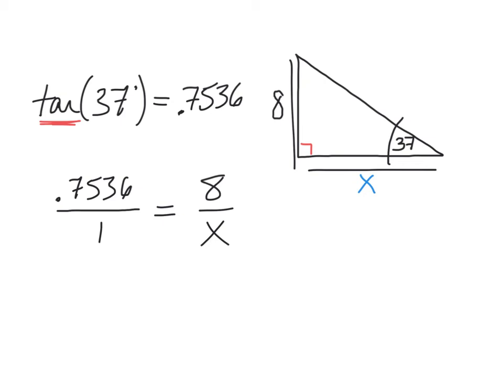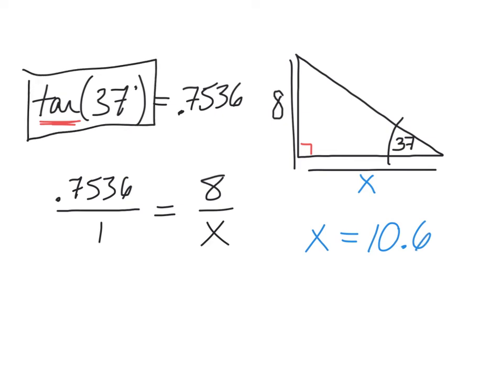From there, I can actually use that information to help me solve for x. So that missing side length is actually going to be 10.6. So using this simple shortcut here, this tangent of 37 degrees, I was able to solve for that missing side length. The purpose of trig is to use these shortcuts to find missing pieces in right triangles.